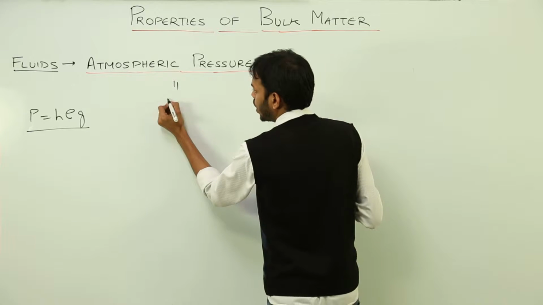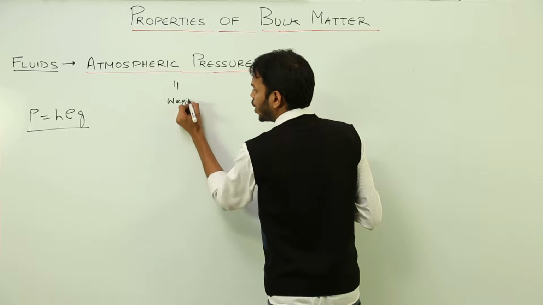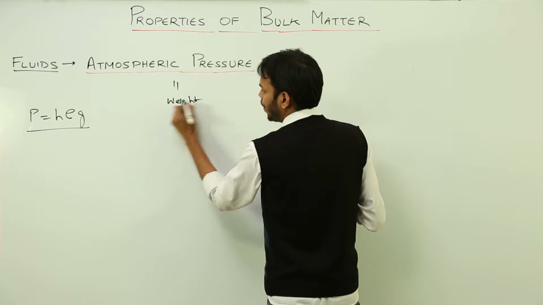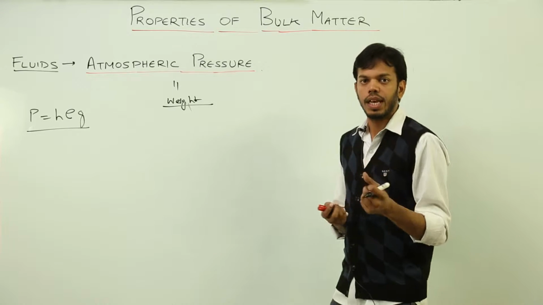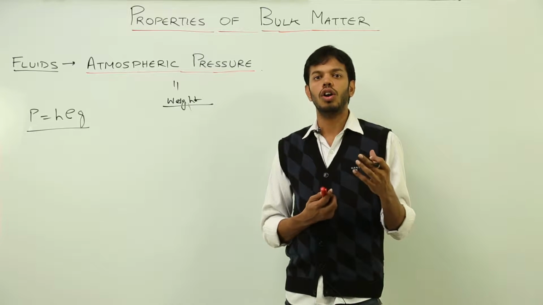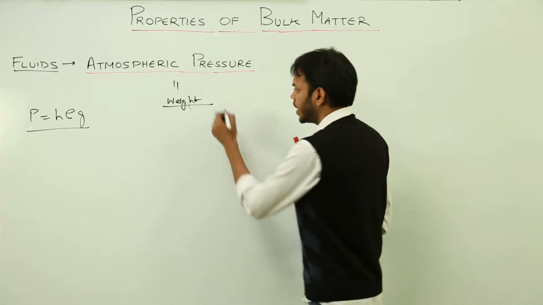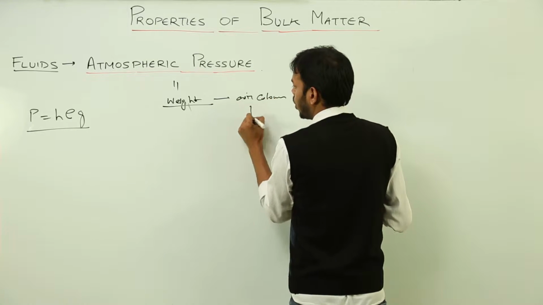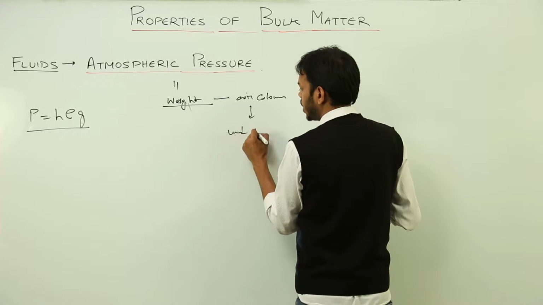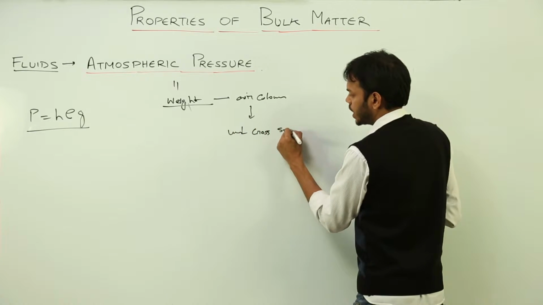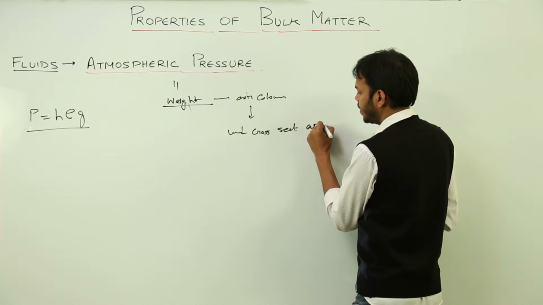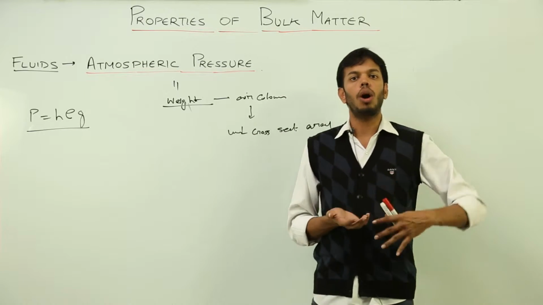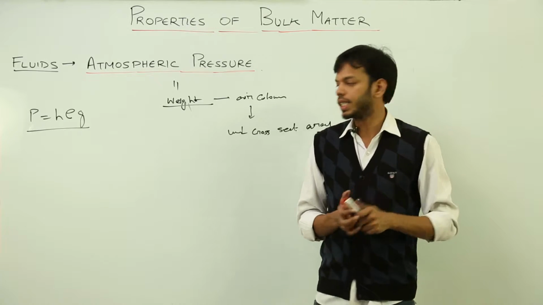Atmospheric pressure at any point is equal to the weight of an air column of unit cross-sectional area extending from that point to the top of the atmospheric layers.